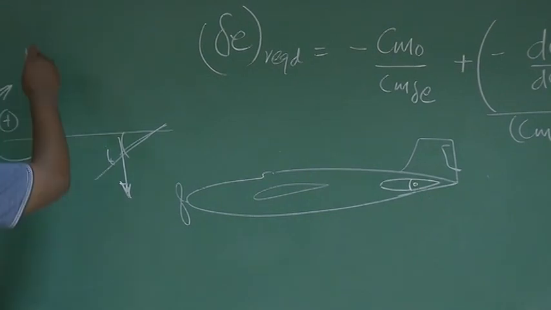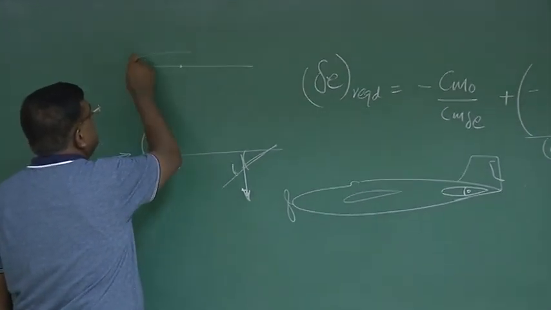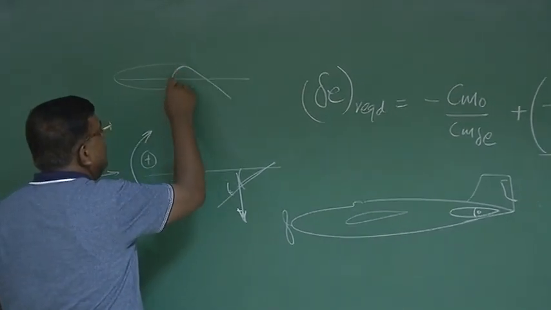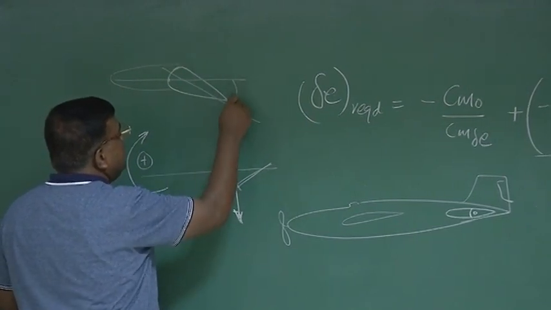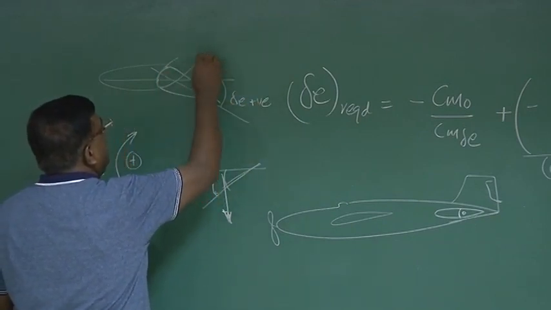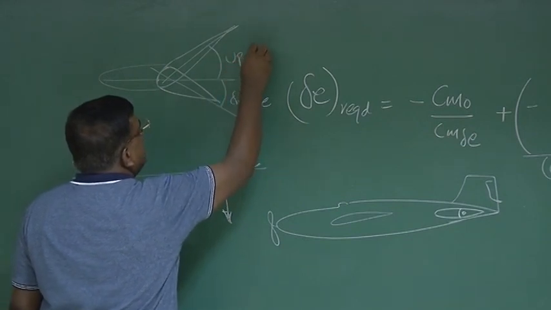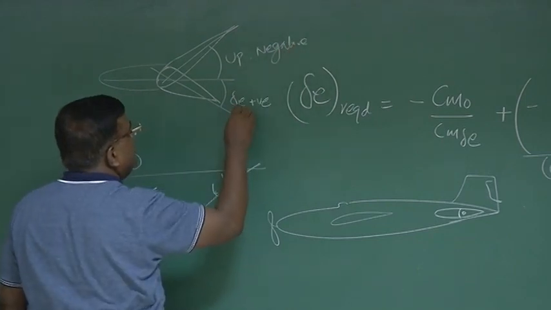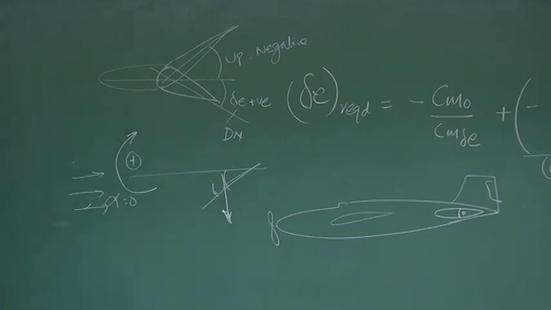Now how do we define delta E, sign convention wise? This is delta E positive, and delta E up, this is negative. This is the convention. And you'll see it is also denoted as down, D and down.